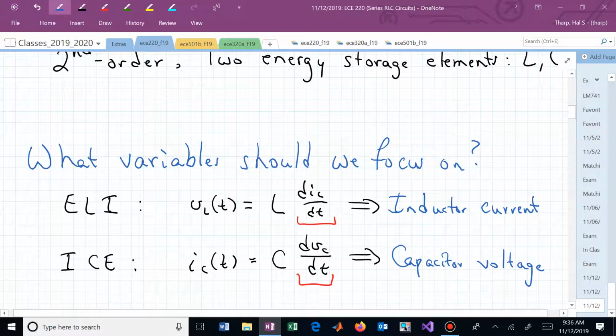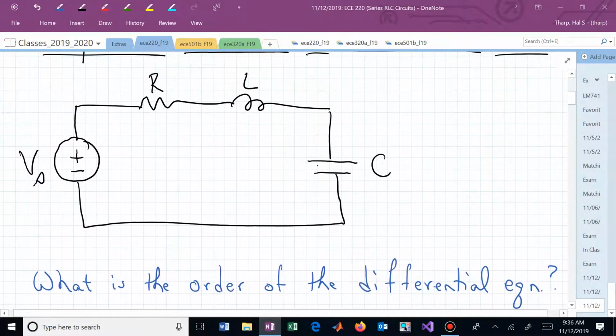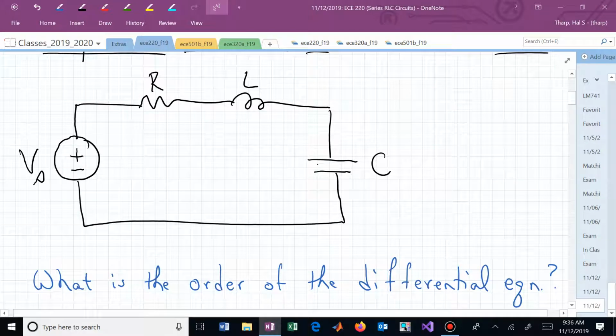Bottom line, when you're looking at a circuit that contains L's and C's, you might be thinking inductor currents and capacitor voltages in trying to describe its behavior.